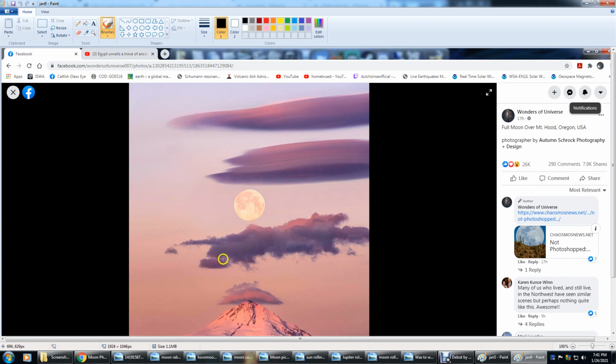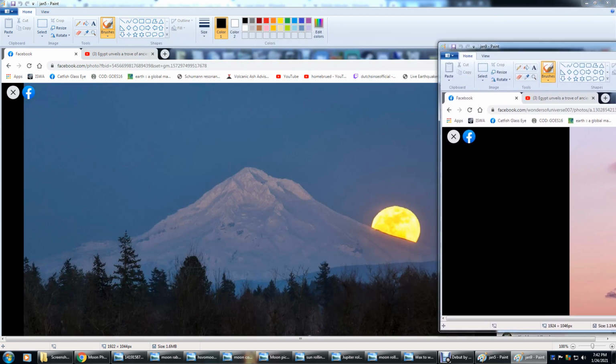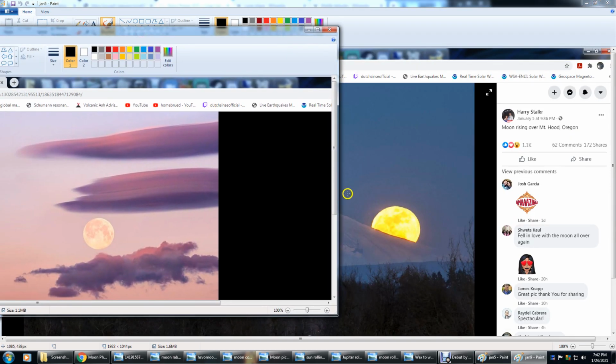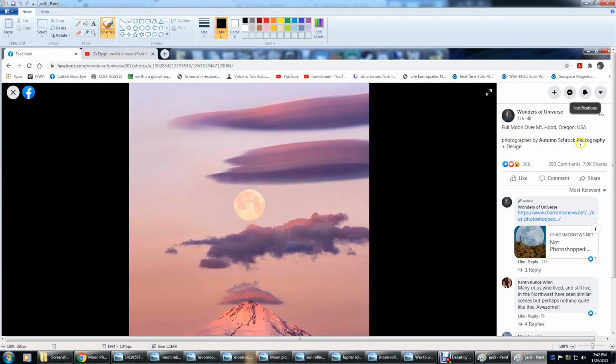They are four days apart, but as you can see, the rabbit has moved. It's rotated. Both are essentially full moon pictures, one at the beginning of the full moon and then one towards the end, four days later, January 5th and January 9th, I thought.